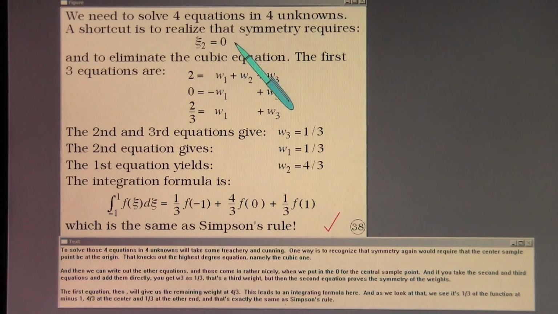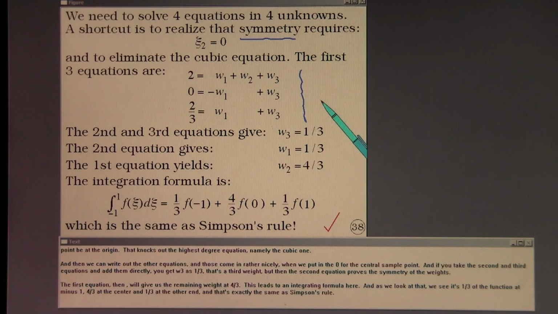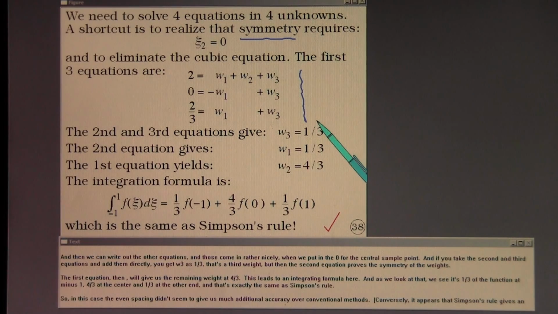One way is to recognize that symmetry again would require that the center sample point be at the origin. That knocks out the highest degree equation, namely the cubic one. And then we can write out the other equations, and those come in rather nicely when we put in the 0 for the central sample point.